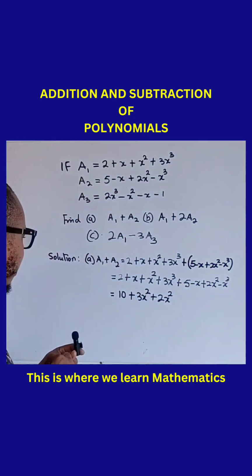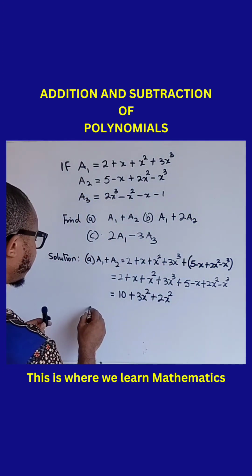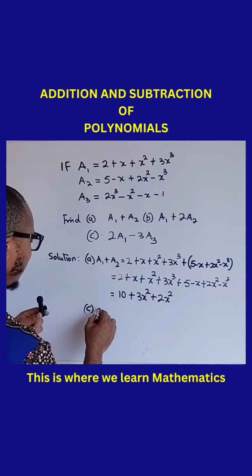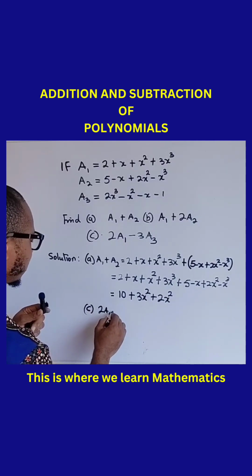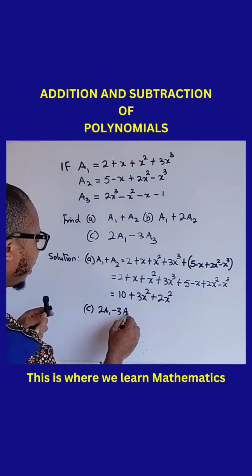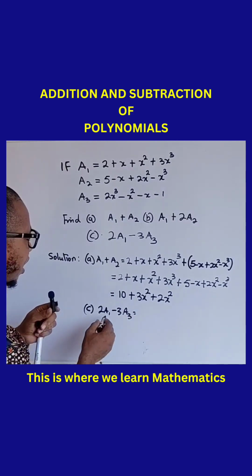Now let us solve the last question that says C, 2a1 minus 3a3. Now let us pull down 2a1.